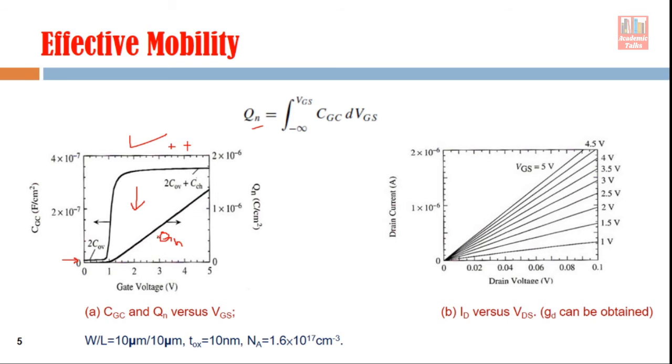You can see this Qn, the free carrier charge density, is plotted on this side of the y-axis as a function of gate voltage, right? So you see Qn changes as we change the gate voltage.